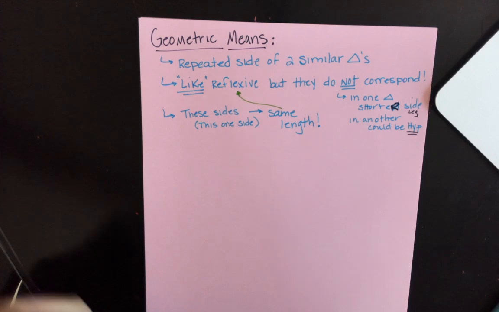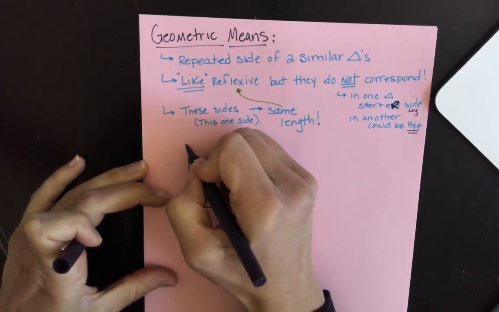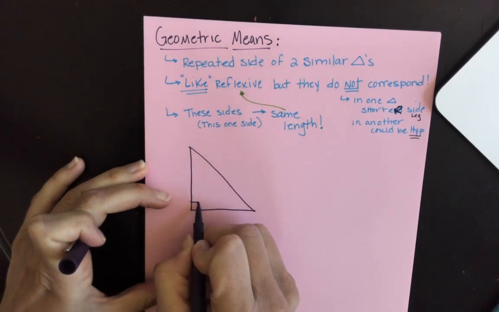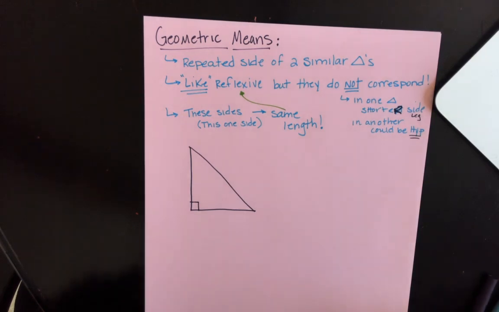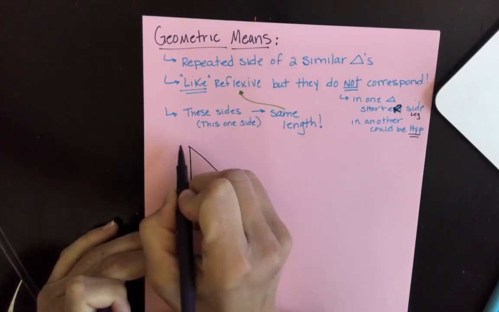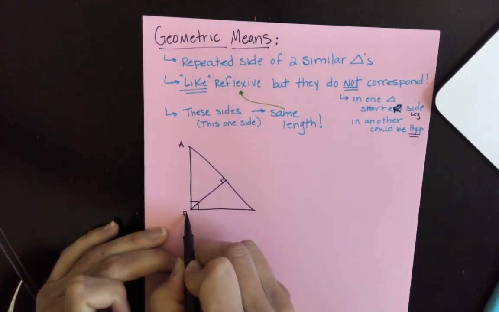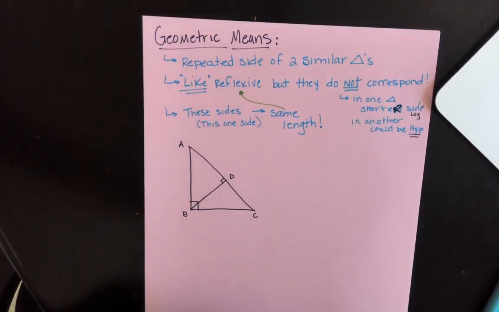So we're going to start again with our triangle that we started with. And as I'm drawing this, if you can make a guess as to which segments you believe are repeated segments. They appear in two similar triangles at the same time, but they do not correspond, but they are the same length.